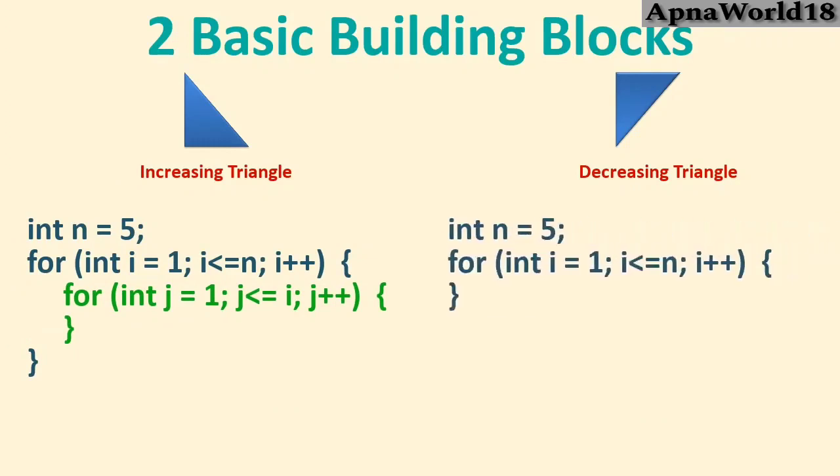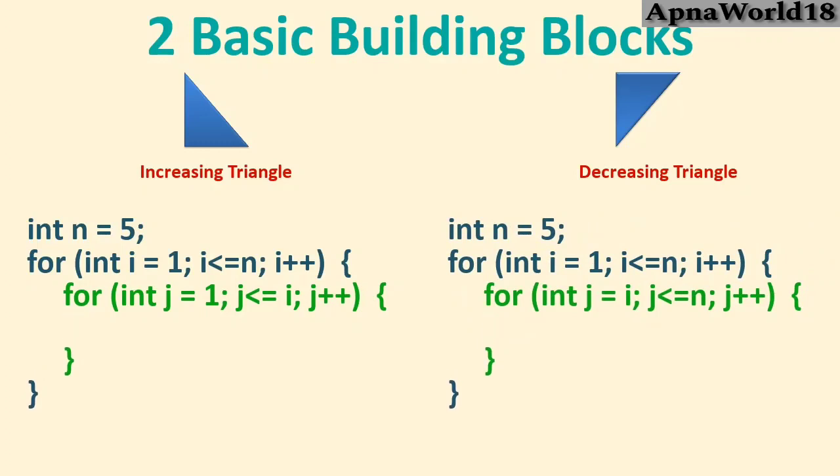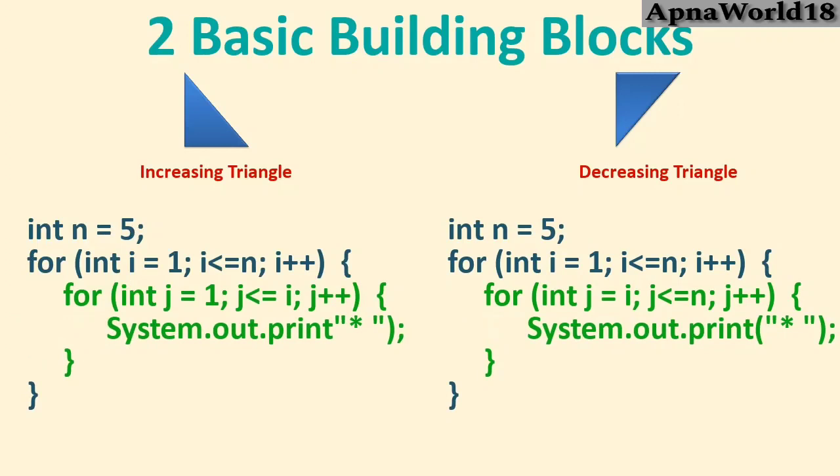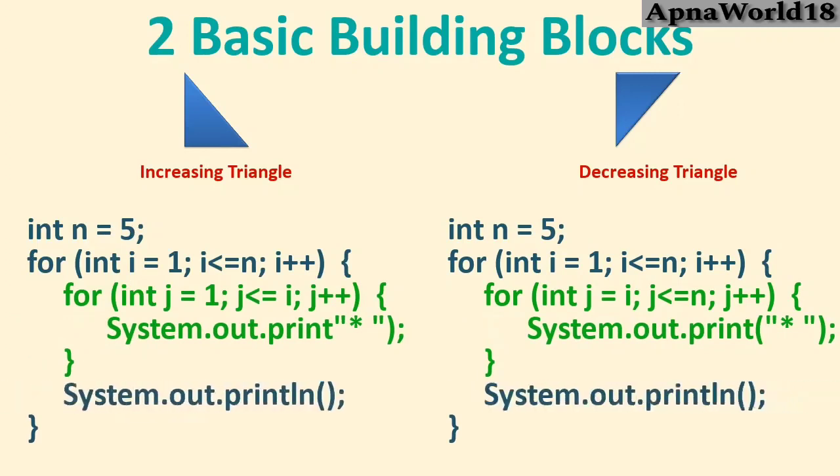Decreasing triangle has an outer loop from 1 to n and an inner loop from i to n. Inside the inner loop, we have the print statement to print the star and the last statement of the outer loop is a println statement which takes you to the next line after a complete row is printed.